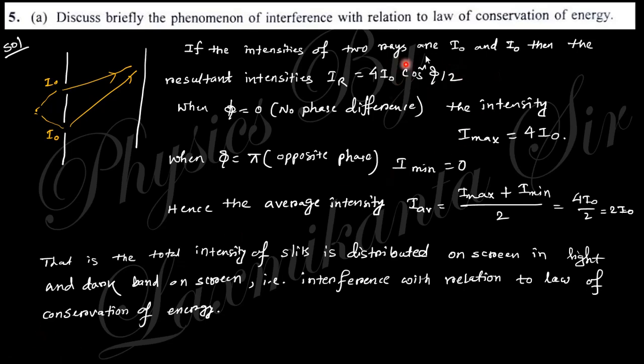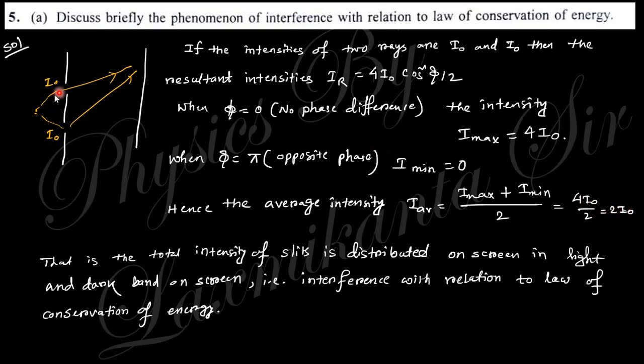Where there is no phase difference, that is phi equals 0, cos 0 is 1, so this is 4 I0. And when the phase difference is opposite, phi equals pi, the intensity is 0. So their average value will be 4 I0 by 2, that is 2 I0. Clear?